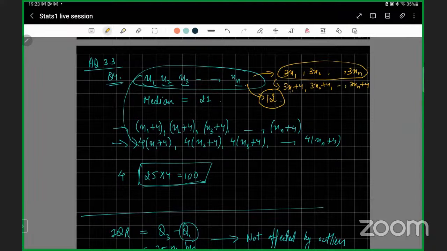Now, even if you add 4 to the scaled value, again the median will be the same with just the addition of 4. So what is the new median? It is just going to be 3 times 12 plus 4, so that is 40.